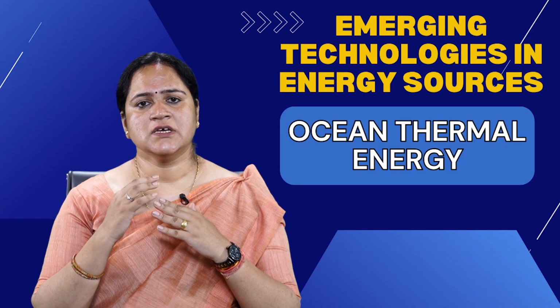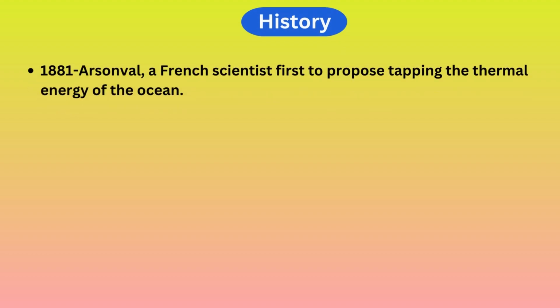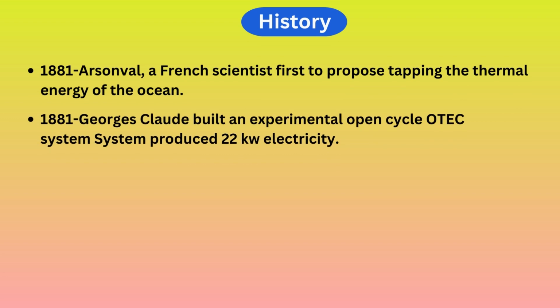Now, if we look at the history of ocean thermal energy, in 1881 a French scientist, d'Arsonval, was first to propose tapping the thermal energy available in the ocean. Then George Claude built an experimental open cycle thermal energy conversion system which produced about 22 kilowatts of electricity.